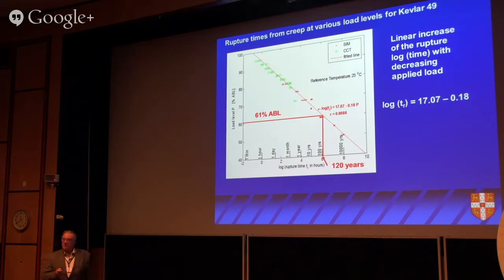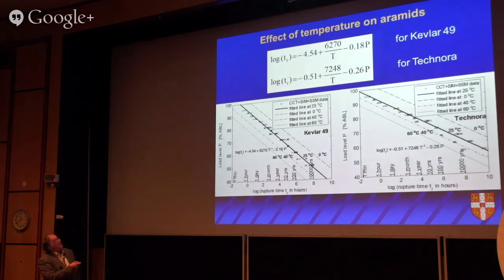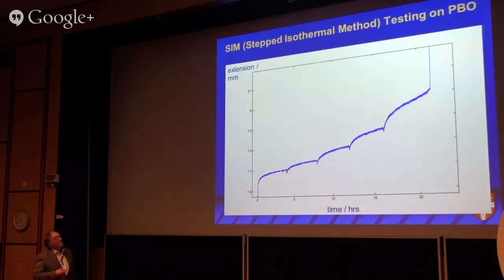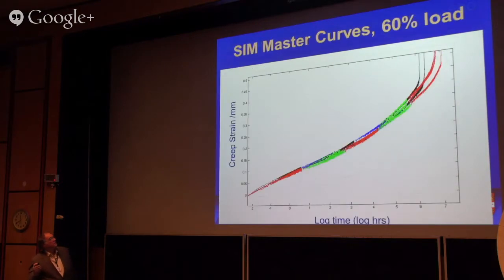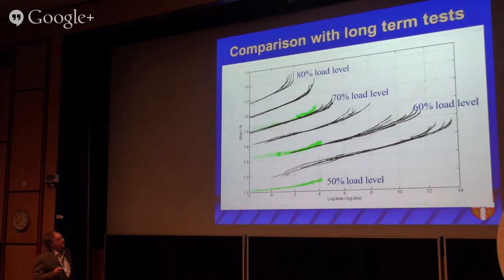So we've done lots of work beforehand on Kevlar, and we also looked at the temperature sensitivity of this, primarily with a view to saying what happens if my structure is out in the desert somewhere where it's quite warm. We haven't done any work on PBO, and neither, to our knowledge, has anybody else. So Matt Cozier's PhD was largely about analyses of the behaviour of PBO, and I'm not going to go through the details of it.